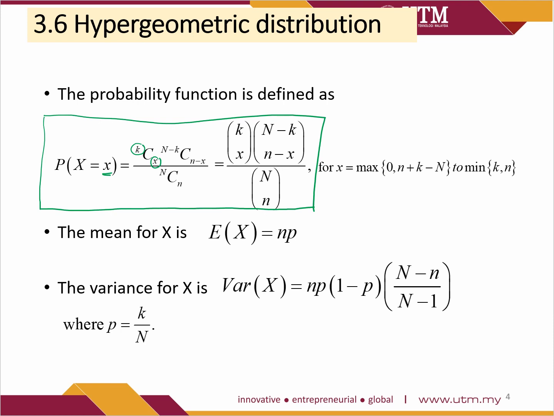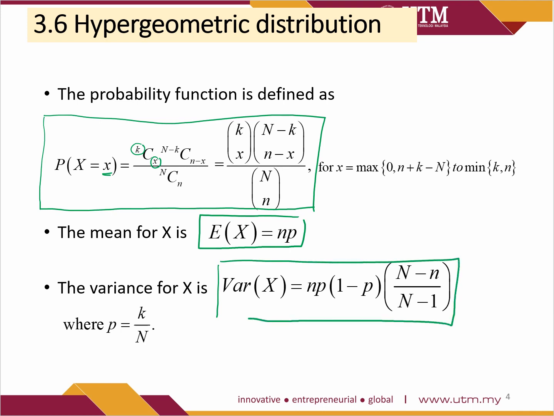So the mean for the hypergeometric distribution is given as np, and the variance is equal to np(1 minus p) times (N minus n) over (N minus 1).